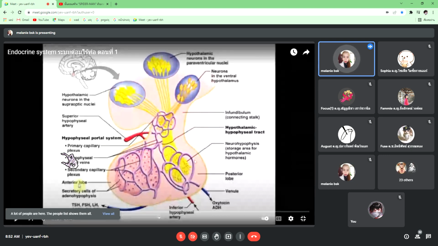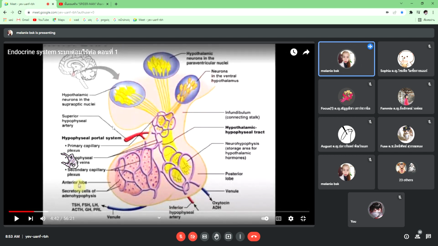Lower, upper. Inferior got its name from the word inferior, so it is lower. Superior got its name from the word super, so superior means the upper part. And then we're going to move on.